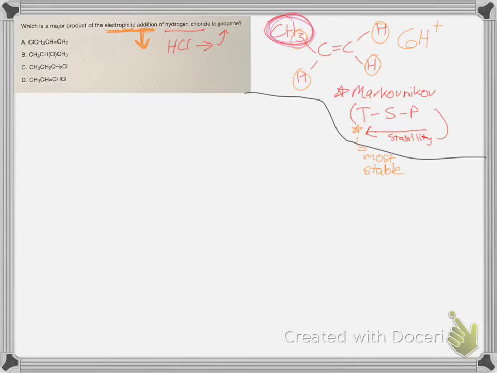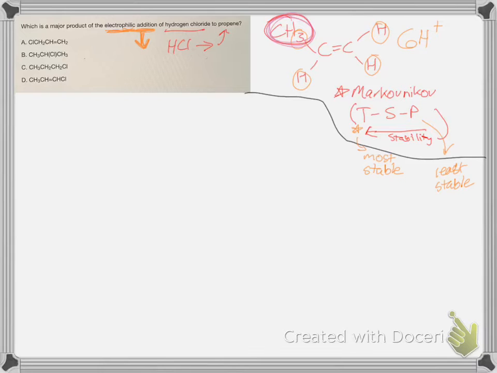Because it has more R groups. Thus, having more R groups means that the carbocation is being stabilized even more, because there's a greater push of electrons to that carbon, and the primary is the least stable.